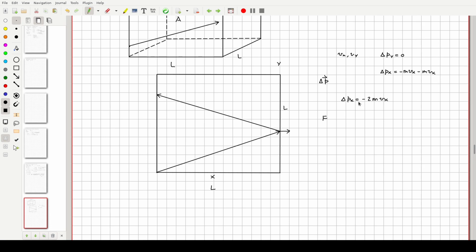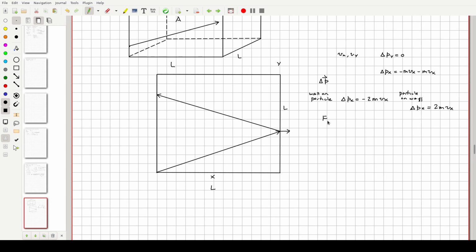But as per Newton's third law, if object A exerts a force on object B, B exerts the same force back on A, just in the opposite direction. If you take the opposite of this, you end up with a positive. So this right here is wall on particle, and particle on wall, which is what we want, is the positive version. That's the opposite direction from Newton's third law.